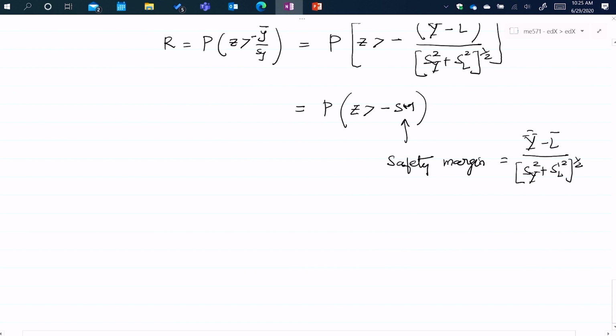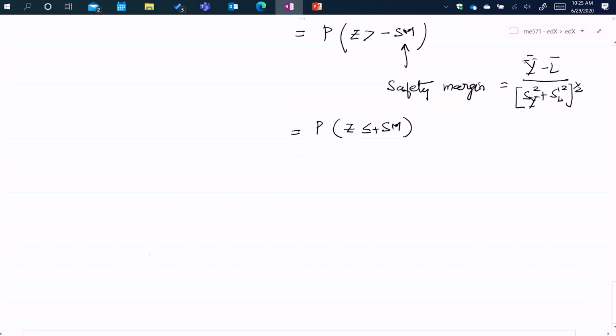Okay, so the probability that z is greater than negative of the safety margin, remember from the standard normal distribution, is equal to 1 minus the probability that z is less than or equal to negative of the safety margin, which is the same as the probability that z is less than or equal to plus safety margin. How is that?